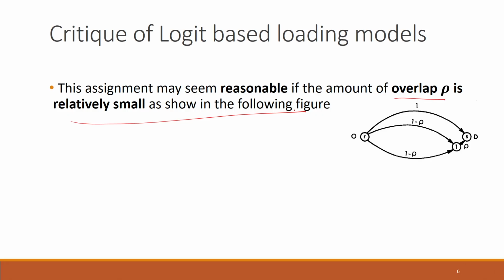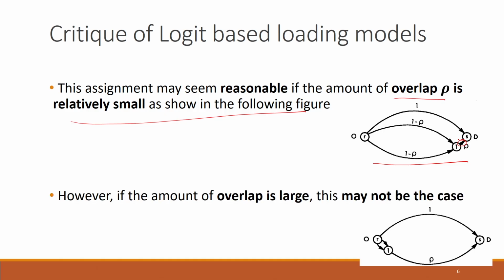That might seem reasonable if you have this kind of figure where this overlapping portion rho is very small. But this kind of distribution of the flow across these three different paths, that is assigning equal flow to all of these three paths, will not be correct if this overlapping portion is very large. So this is that example here.